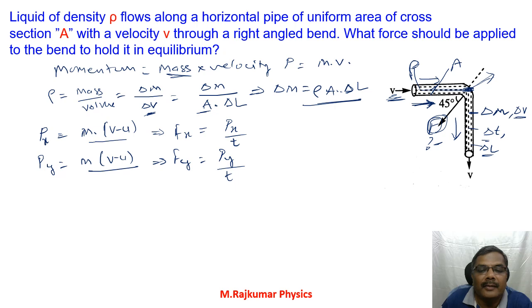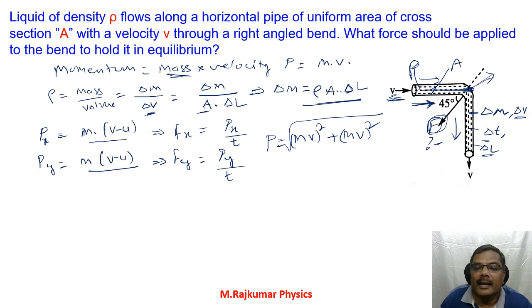So the resultant momentum, I can say it is P. Momentum resultant P will be equal to, taking the mass constant, the change in velocity here, with final velocity v and initial velocity 0, so v and v here. So they will become the root of (mv) the whole square plus (mv) the whole square, because the angle is 90, I can use the Pythagoras theorem.